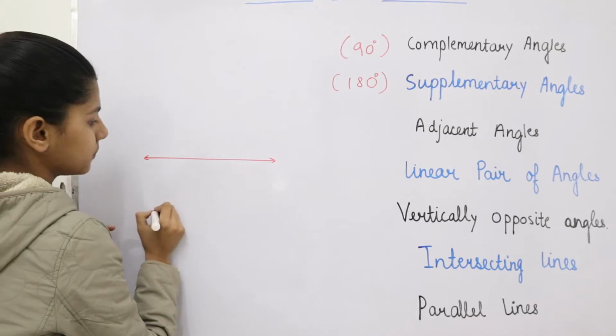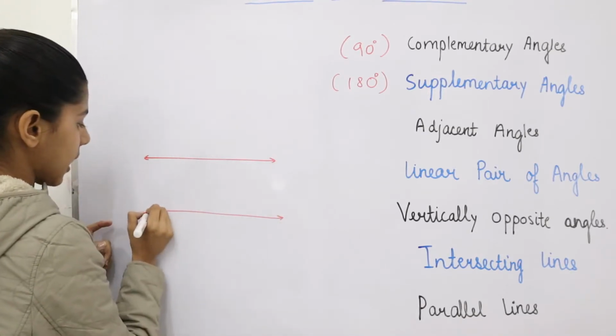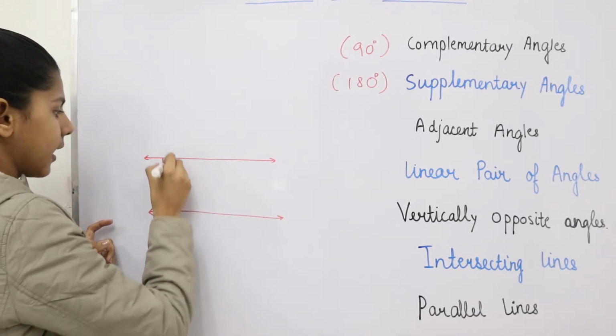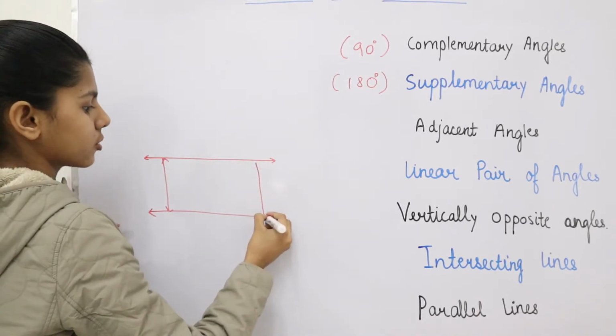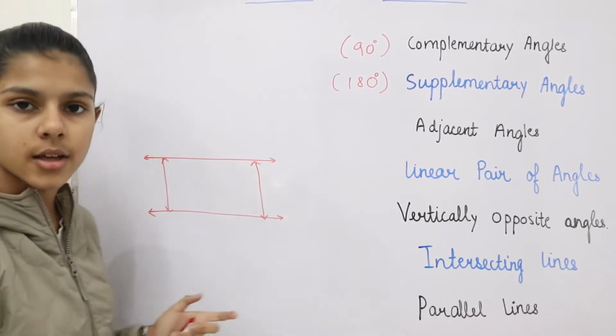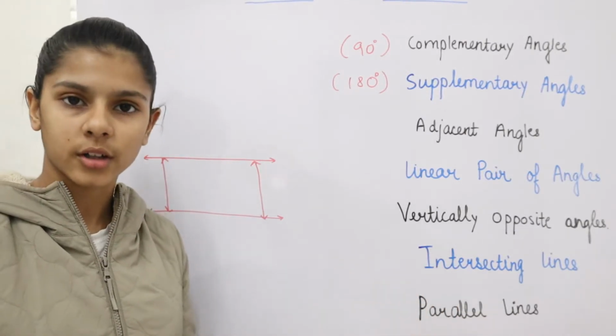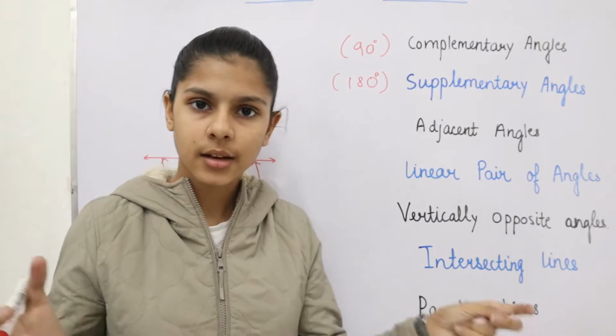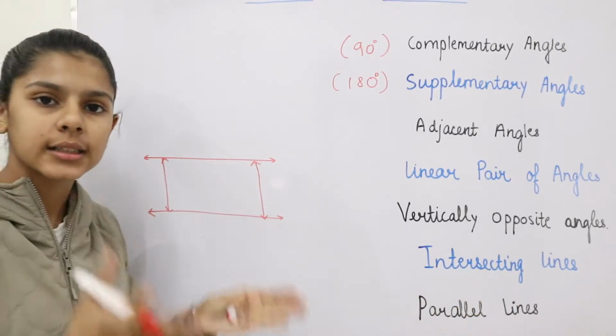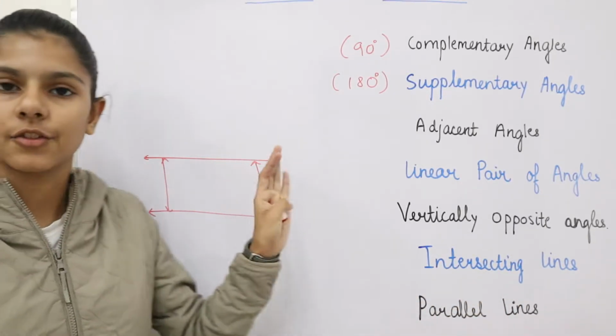So if this line and this line have the same distance at every point, here also they will have the same distance. So they are parallel. From the name also we can take the hint. Parallel means they are parallel to each other at a constant distance, at the same distance at every point.